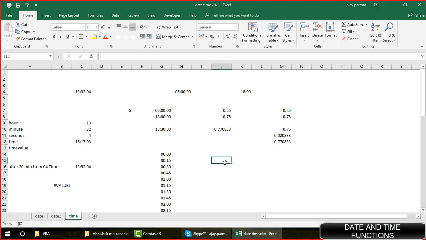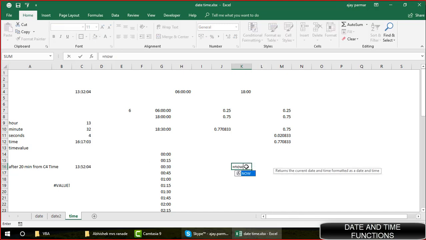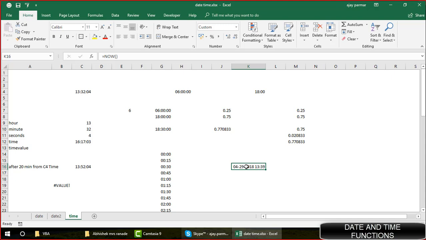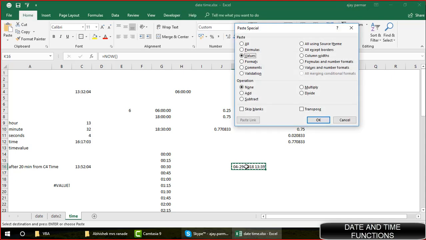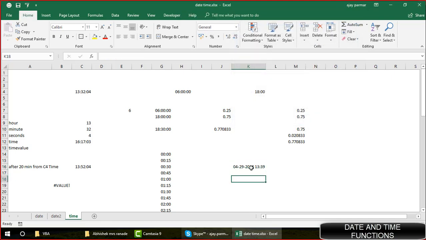So now, for example, if you have a date and time together, I use the NOW function. Now you want to separate the date and you want to separate the time. How will you do this?